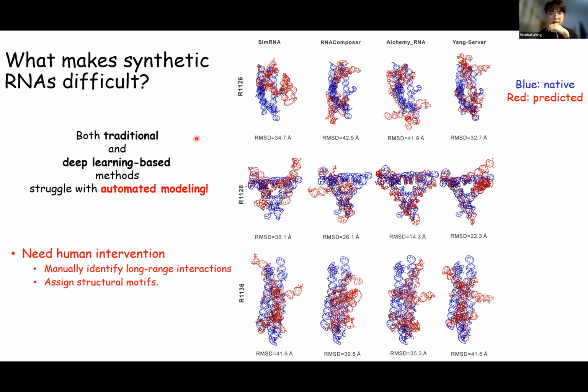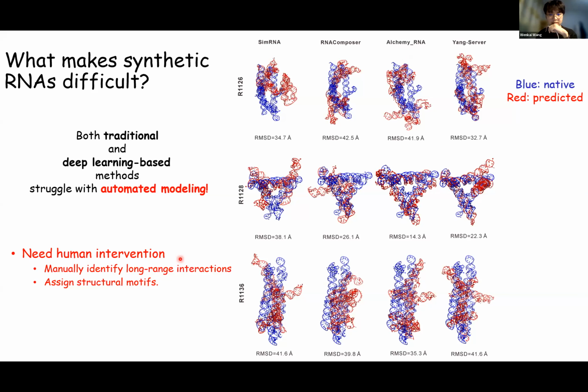Secondly, we found that it is challenging to model these RNAs in a fully automated manner, regardless of whether using traditional methods like CMRA and RNA transposer, or using deep learning-based methods like RhoFold and our trRosettaRNA method.